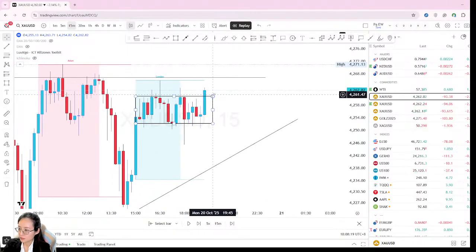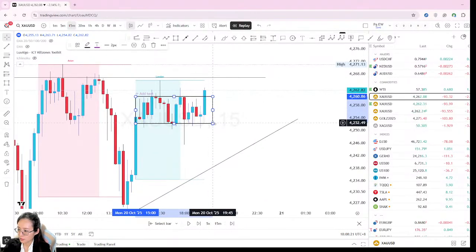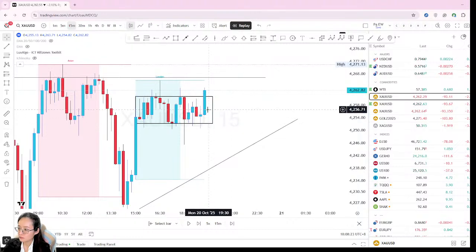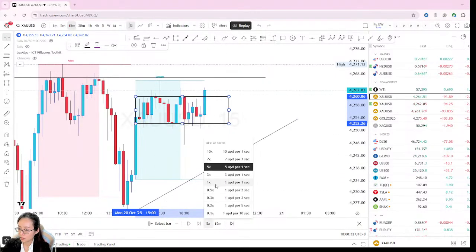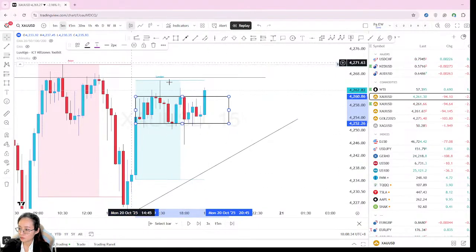Its breakout is here already. So now I'm going to wait for price to pull back. Let's see if it pulls back in the lower time frame. I'm going to go slower. Okay, I will go to M5.